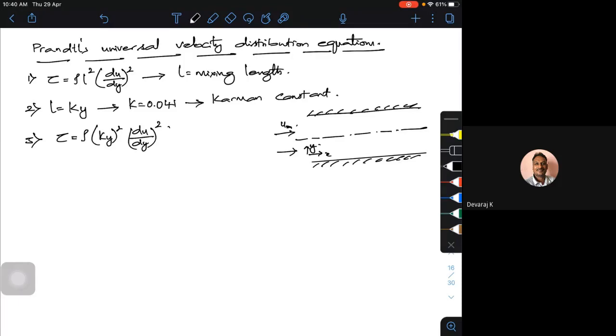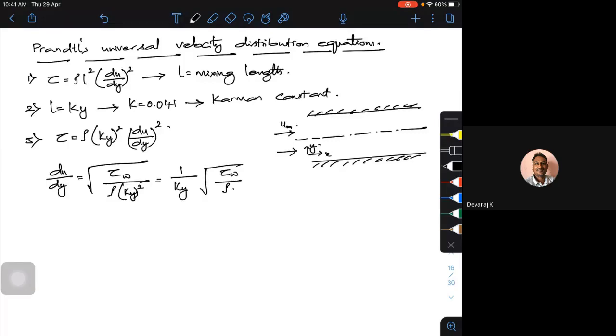So du by dy is equal to the square root of wall shear stress divided by rho into L square, or ky square. If I take ky outside, it is a function of the wall shear stress divided by rho. So this is the equation for du by dy, where k is the von Karman constant and y is the distance.